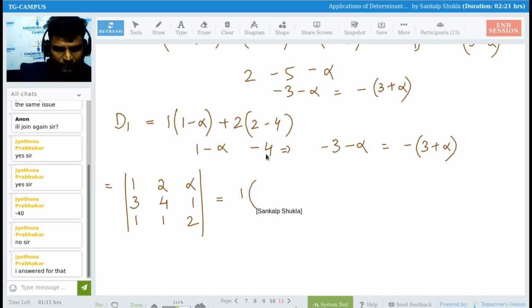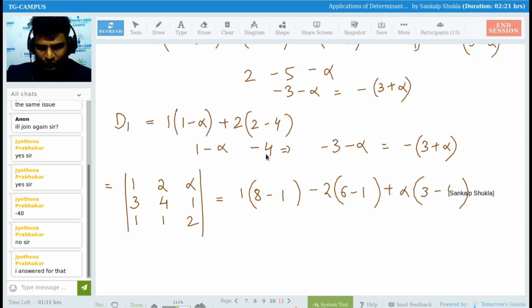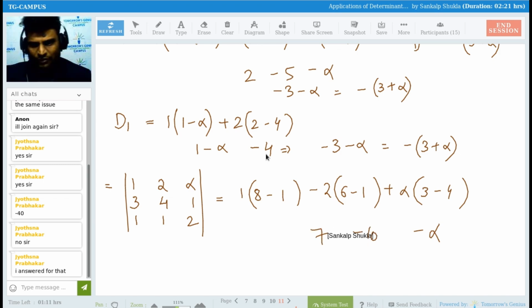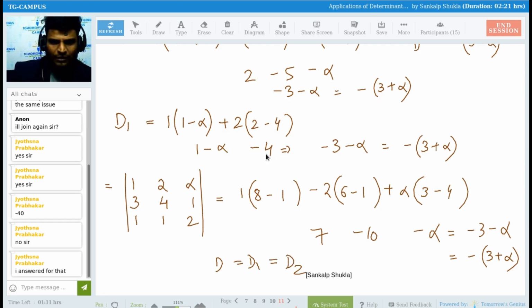So it will be 1 into 8 minus 1, that is 7, minus 2 times 6 minus 1, and plus alpha times 3 minus 4. So minus alpha is here, 6 minus 1 is 5, it is minus 10. 7 minus 10 is again minus 3 minus alpha, that means minus of 3 plus alpha. So we have D equals D1 equals D2.